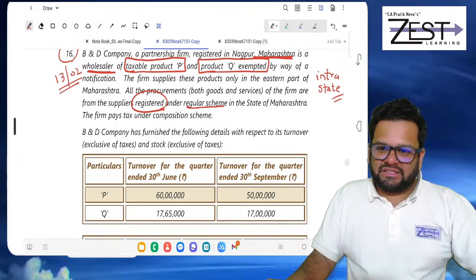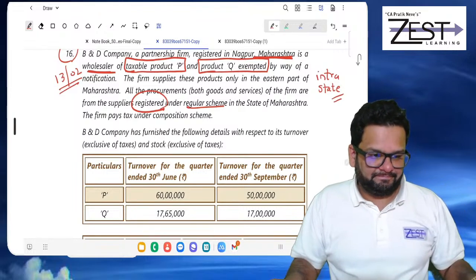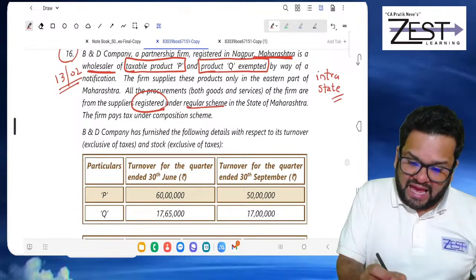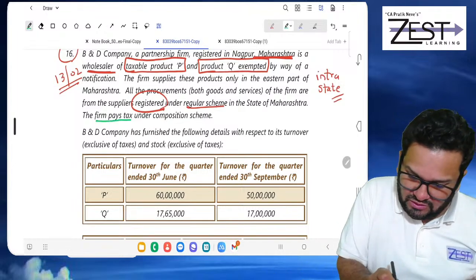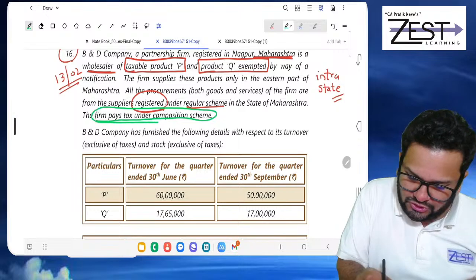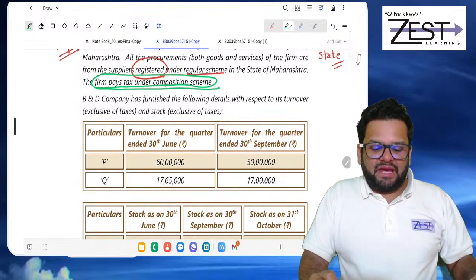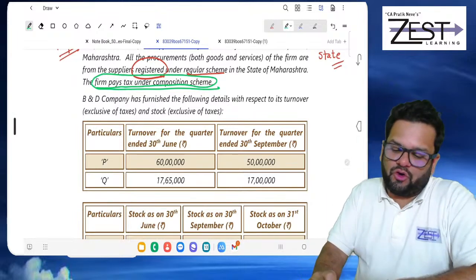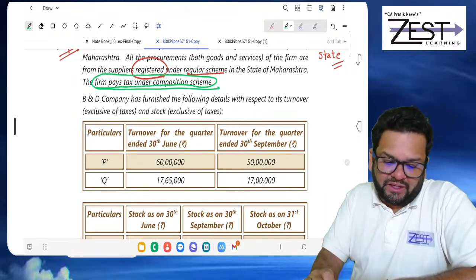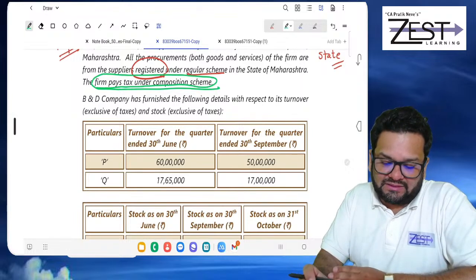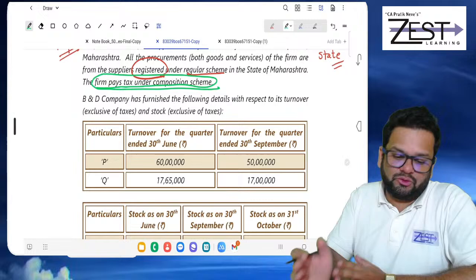Is it clear till this point? Yes. The firm pays tax under the composition scheme. Okay. B&D company has furnished the following details with respect to its turnover, exclusive of taxes, and stock, exclusive of taxes.